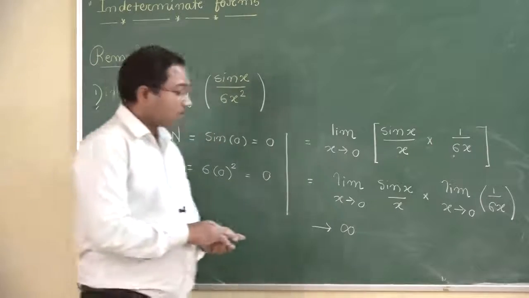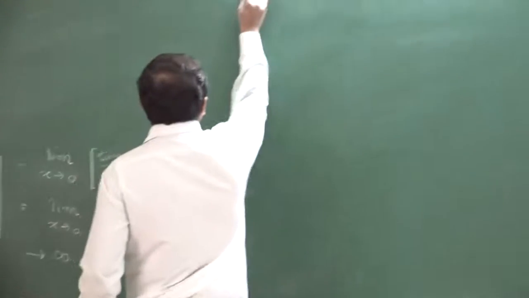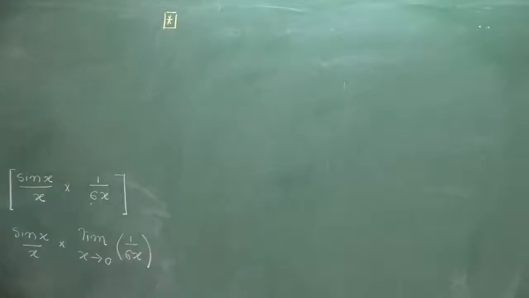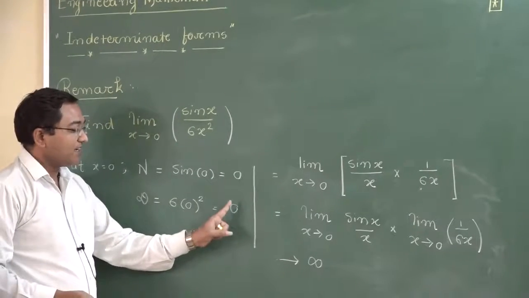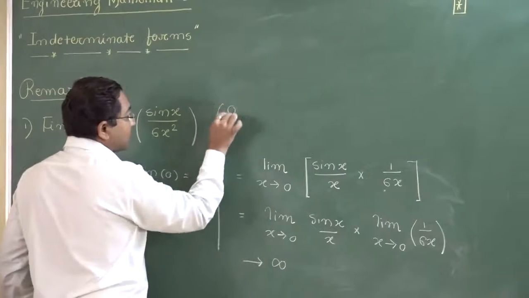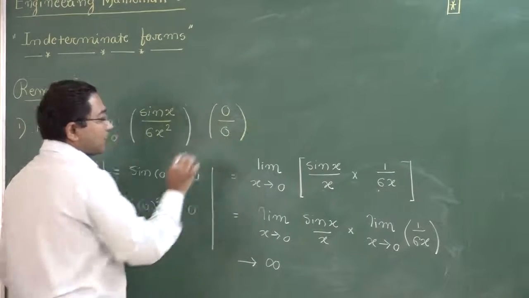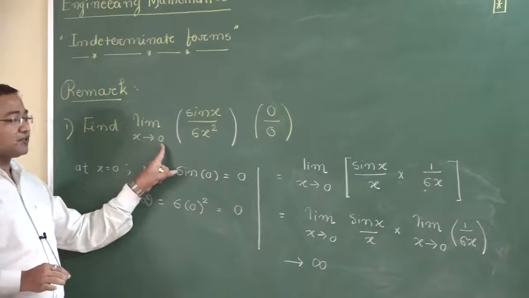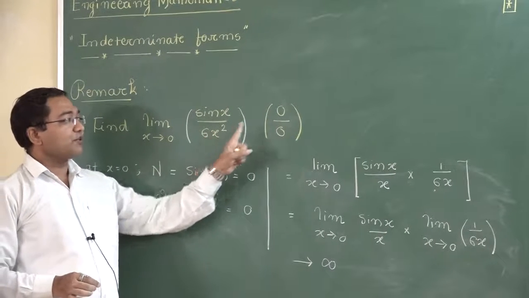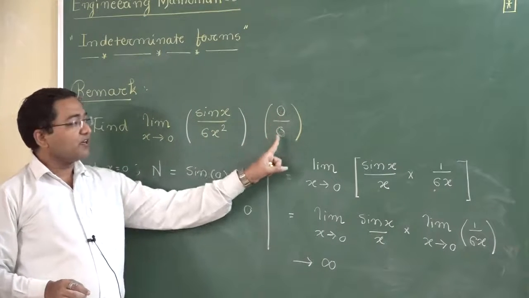So here observe that the numerator is 0 and the denominator is 0. So that is the form of 0 by 0. When we substitute x tends to 0, the numerator becomes 0 as well as the denominator becomes 0. So that is the form of 0 upon 0.